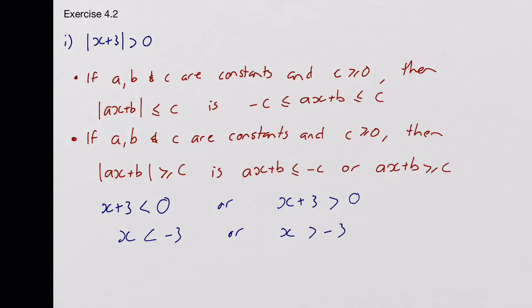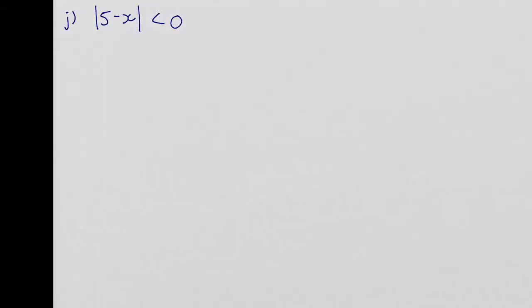And you see that gives us the same solutions. So in this case, x is an element of all real numbers except negative 3, which is not included. For j, there's no working out, there's no solution, because we have an absolute value on the left, and we can never have an absolute value that is less than 0. So therefore, there's no solution.